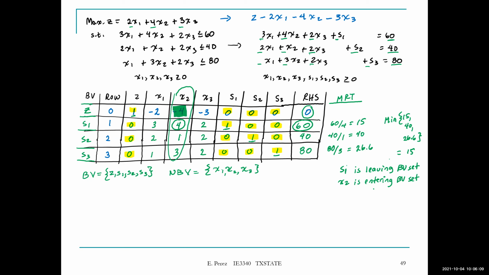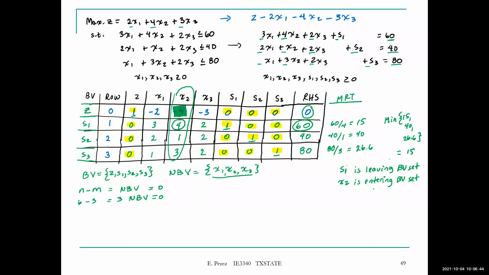So to answer your question, remember this n minus m. That is going to give you the number of non-basic variables, which you can make equal to 0. In this case, we have 6 variables and 3 constraints. So that's 3. So we can have 3 non-basic variables. We can make those equal to 0 and solve for the rest. So we made these 3 equal to 0 and we solved for the rest.